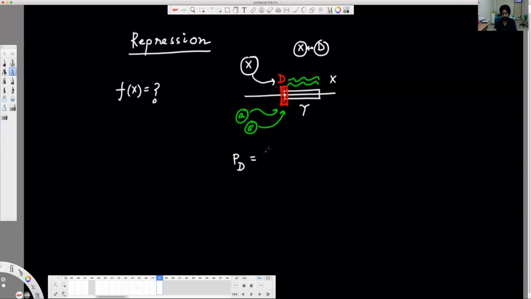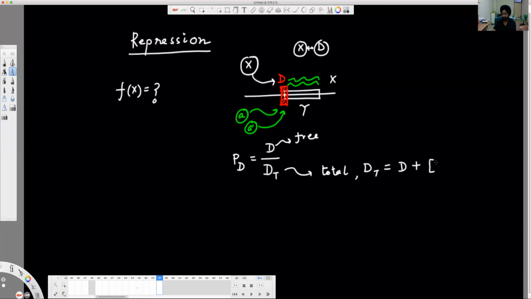So this can be given by the following equation: how often the D is free out of the total DNA, which is Dt, right? The Dt is the total DNA, so D is the free DNA. This is your free DNA, open DNA, not bound with X, and Dt is basically your total DNA, which can be given by Dt is equal to free DNA plus bound DNA, bound with what?